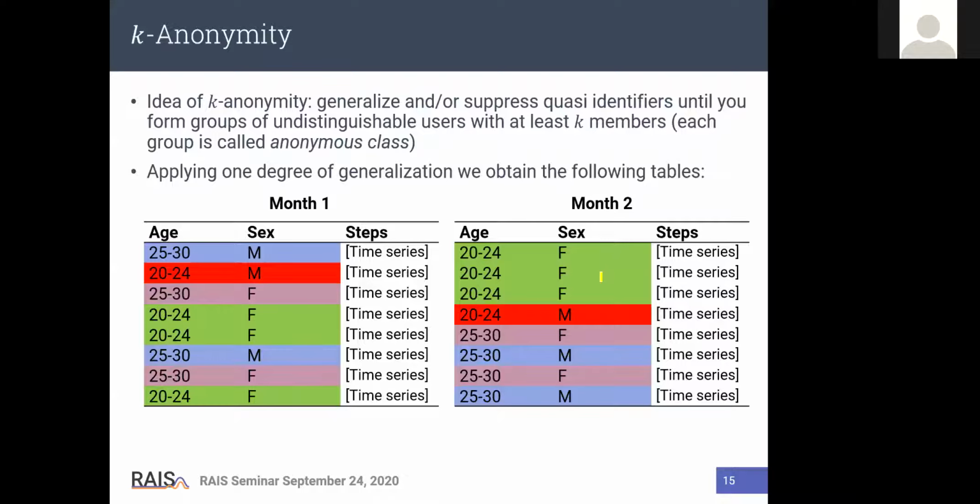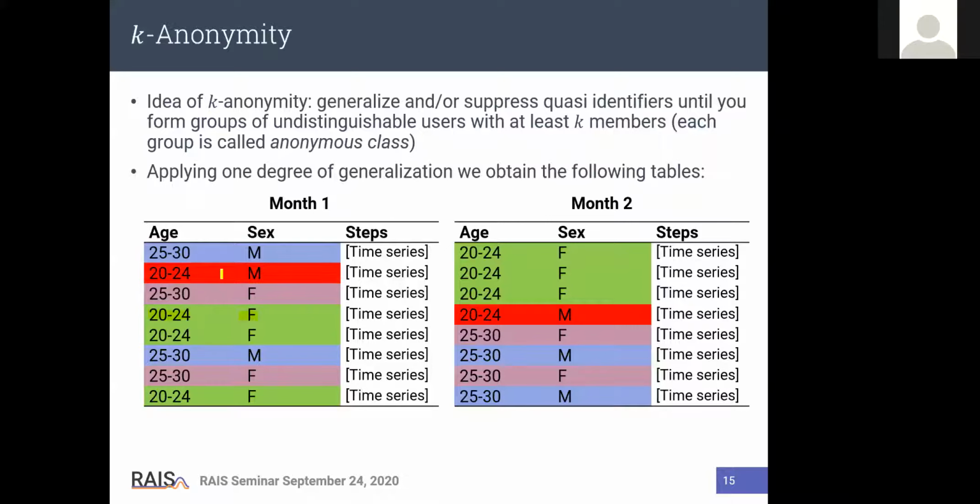And so, for example, if we try to do this binning on the age, we will see that we have some users that are anonymized. For example, we have a group of three anonymous people with age range between 20 and 24, and that are females. Still, this is not sufficient because there is this guy who is between 20 and 24 and is male, and he's the only one with this kind of attributes.